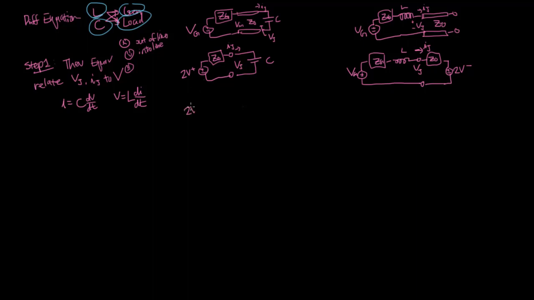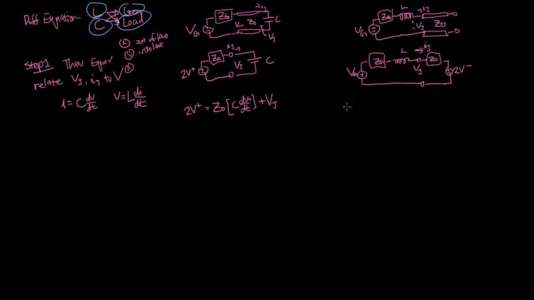So we'll have 2V plus is equal to the voltage drop, Z0 times the current. So Z0, and the current is C dVj/dt, plus the voltage at the junction. So now we've related Vj, or Ij in this case, but we just went ahead and substituted it, and then 2V plus over here on this side.